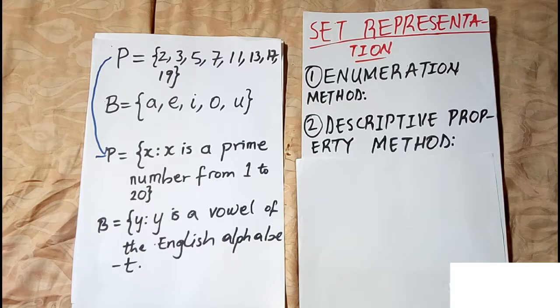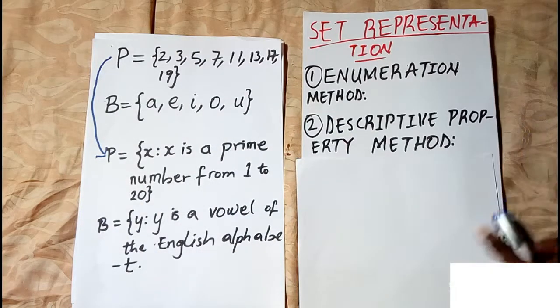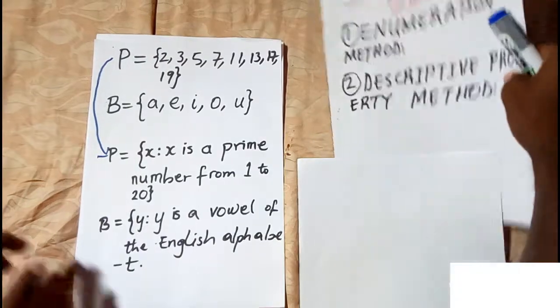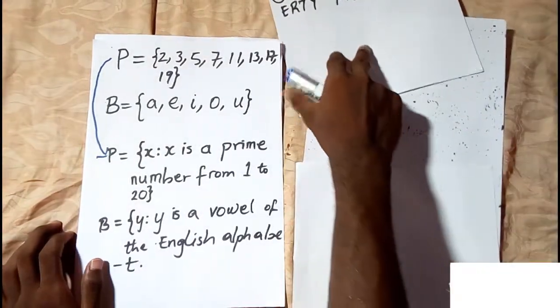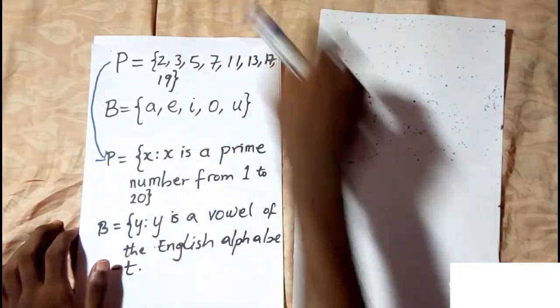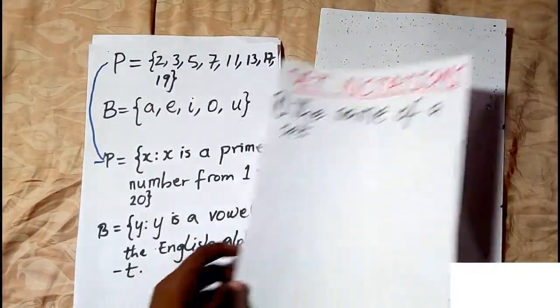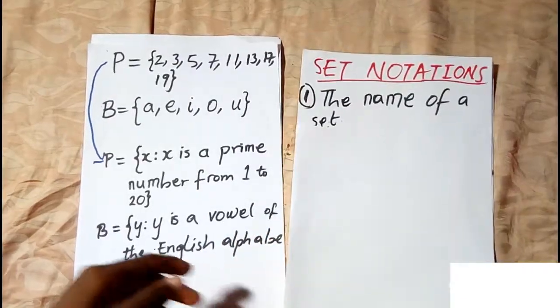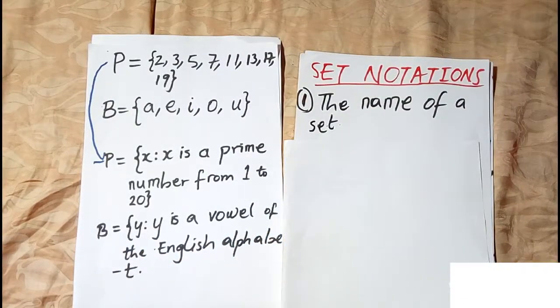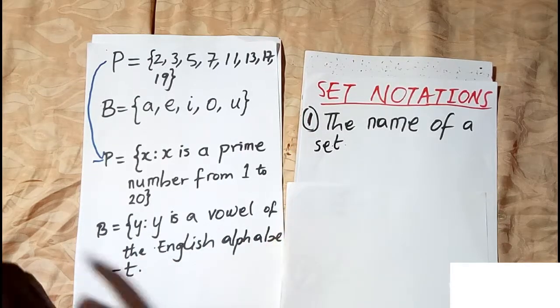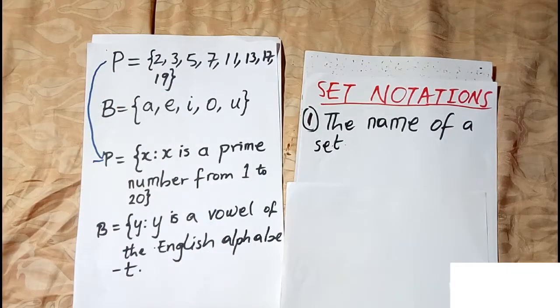Now the next topic we'll be talking about is set notations. The first set notation we have here is the name of the set. Most of the time, a one word name for the set begins with a capital letter. Let's take for instance our set P, it begins with a capital letter.